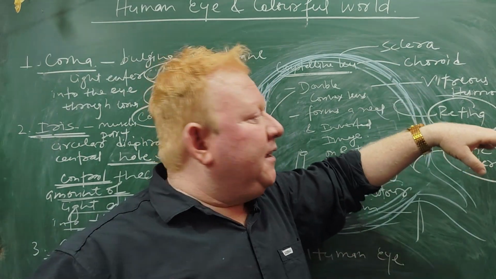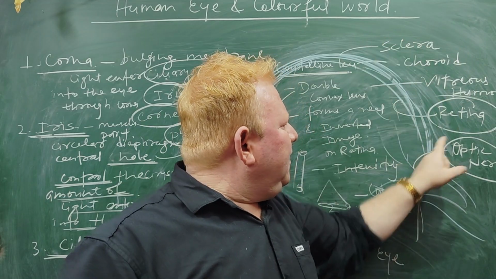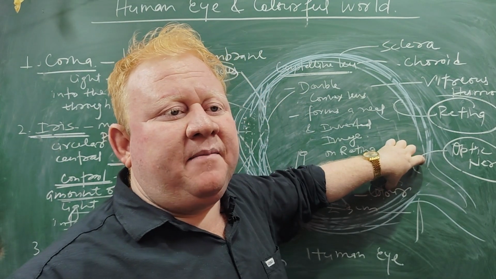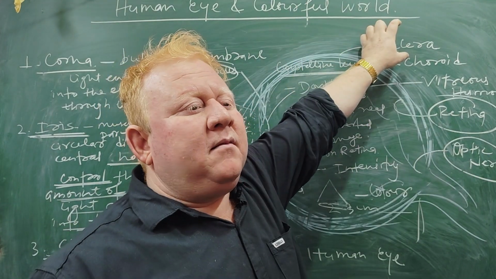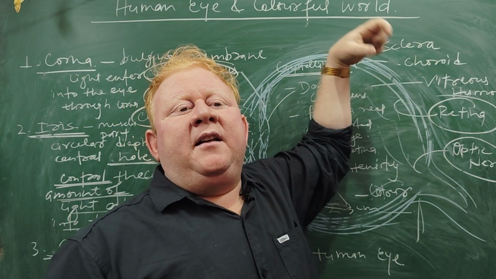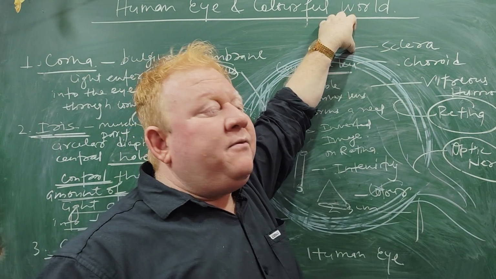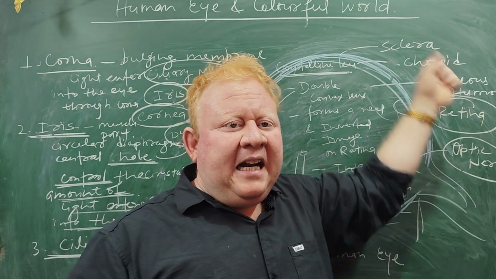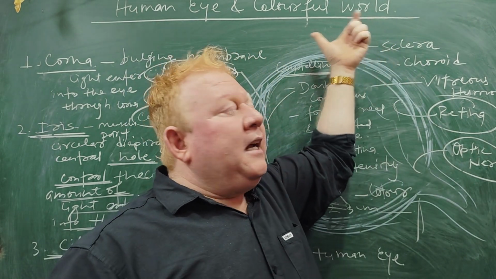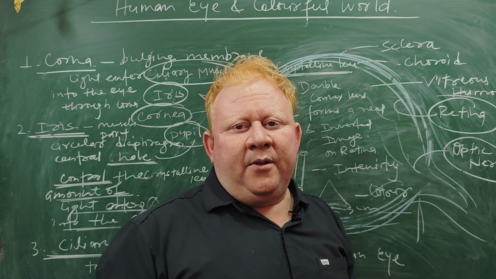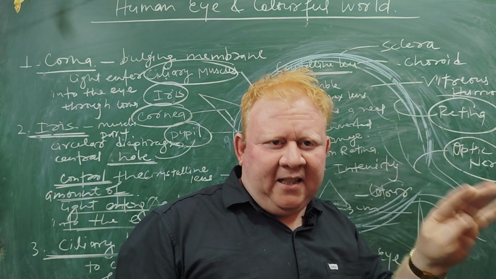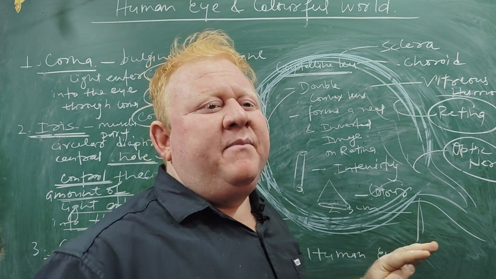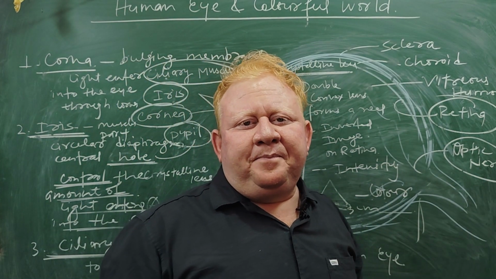This electrical signal is further sent to the brain via this optic nerve, which is present at this nerve junction. And in the brain, the brain finally interprets this signal, and hence we see the object, that yes, something is there. So this is the process, this is what happens in order to see the object.